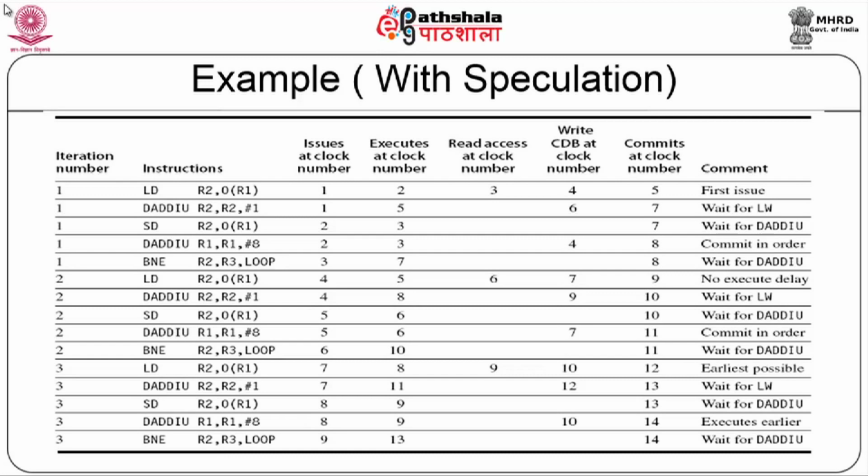Now, the subsequent load instruction: in the previous case we just fetched and issued the instruction, but we did not execute it. But here the load is fetched in the 4th clock cycle, and you can see that the load is executed, that is, the effective address calculation happens in the 5th clock cycle, and the load itself, the memory access itself, happens in the 6th clock cycle, which is even before the execution of the branch.